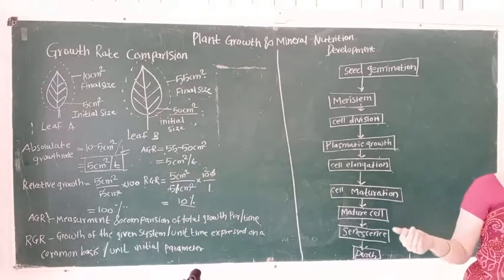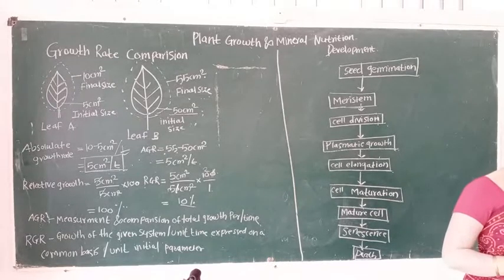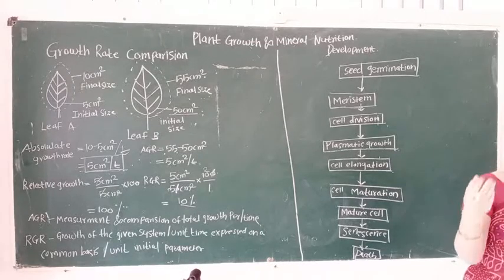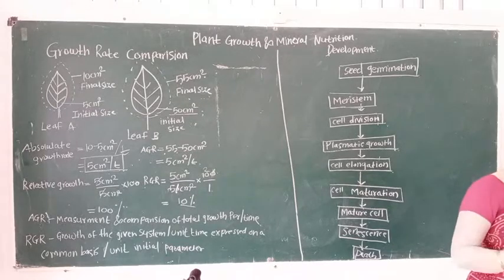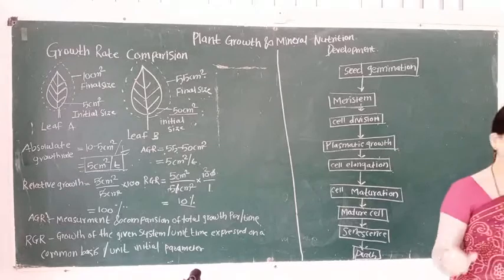So you determine, or calculate, the value of the AGR and the value of the RGR. AGR is final size minus initial size, and relative growth rate means absolute growth rate divided by initial size, multiplied by 100, which gives rise to RGR, that is, relative growth rate.